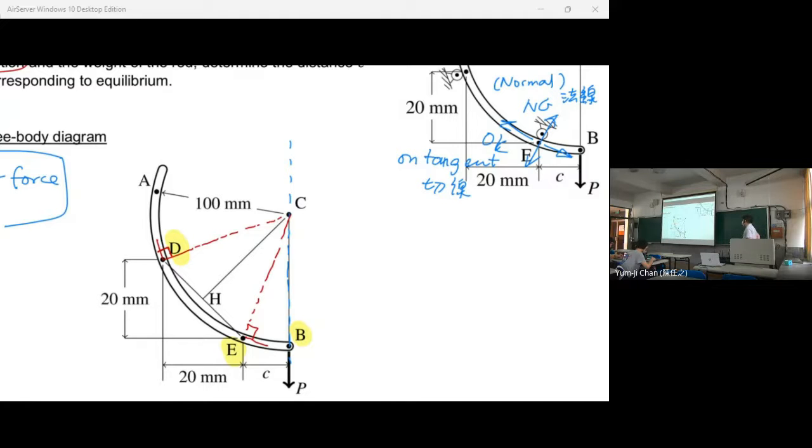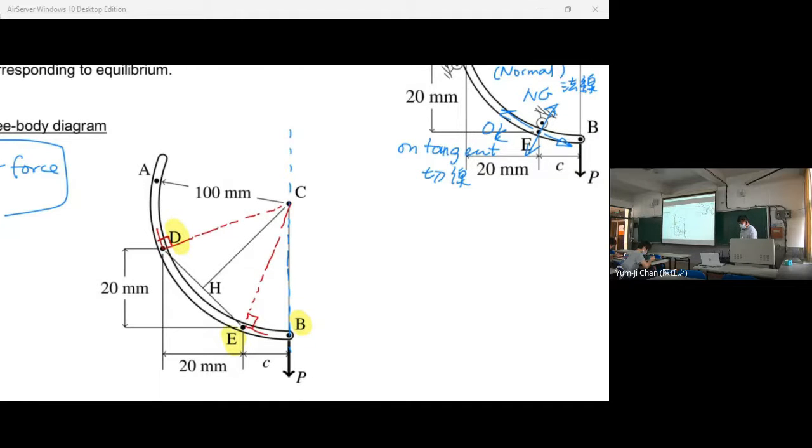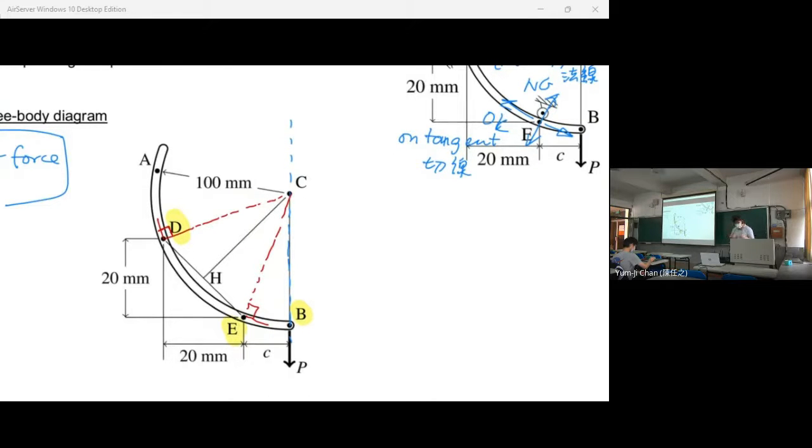Now the problem goes to what are the angles of these two forces, and what are the magnitudes. If you believe me, let's take MD equal to 0.